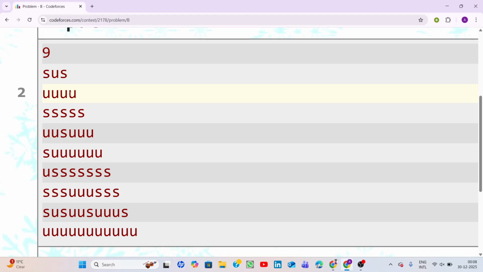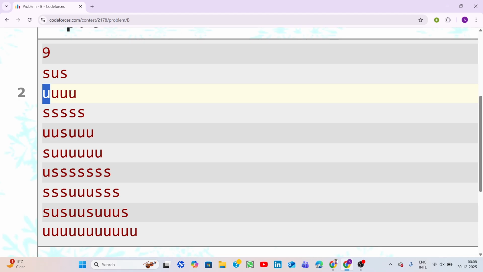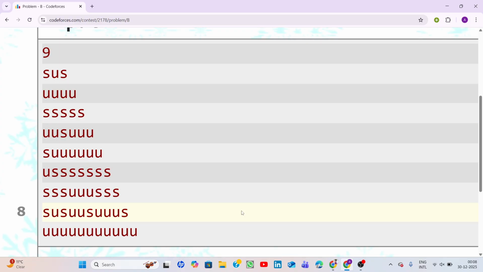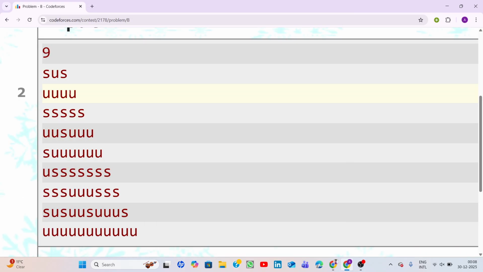So this U has to be S. Similarly, this U also has to be S. It can't be U, because the distances on the right side and the left side are never going to be the same. So the first and basic criteria is satisfied: here it is going to be S and this is also going to be S. Let me check whether it is recording or not. Yeah, these two are going to be S. Satisfied?